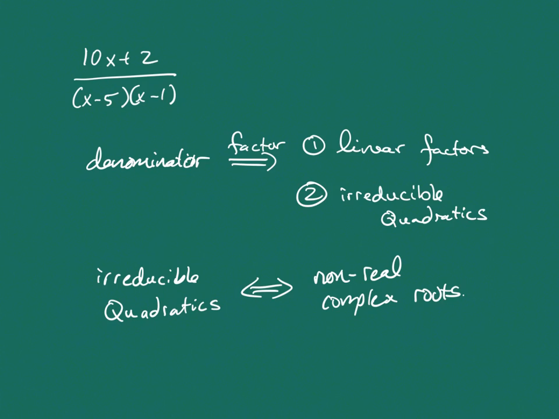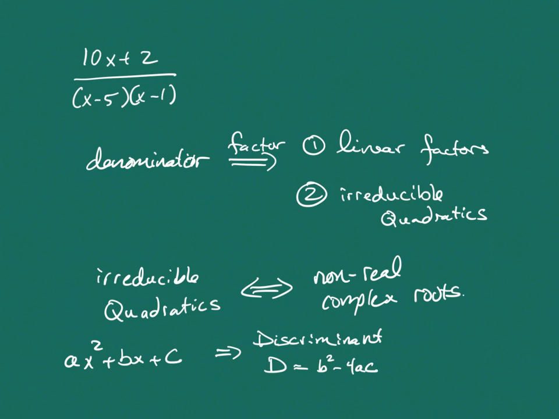As a reminder, if we've got a quadratic, ax squared plus bx plus c, remember that we had the discriminant. The discriminant was b squared minus 4ac.